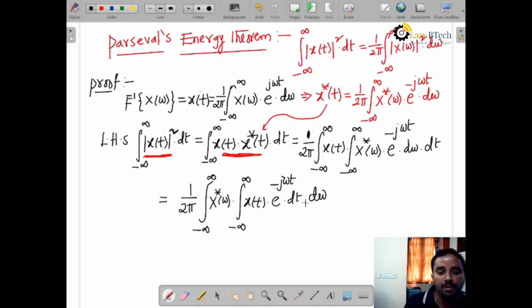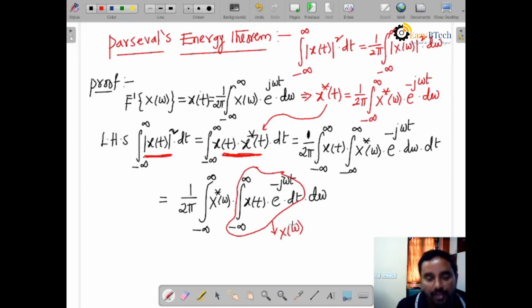I am just arranging the terms like this: all t terms first, then integration with respect to omega. If you observe this middle, second integral, it is like the Fourier transform formula. Exactly, right or not? So the Fourier transform of x of t we represent as capital X omega. So this whole red colour integral is capital X omega.